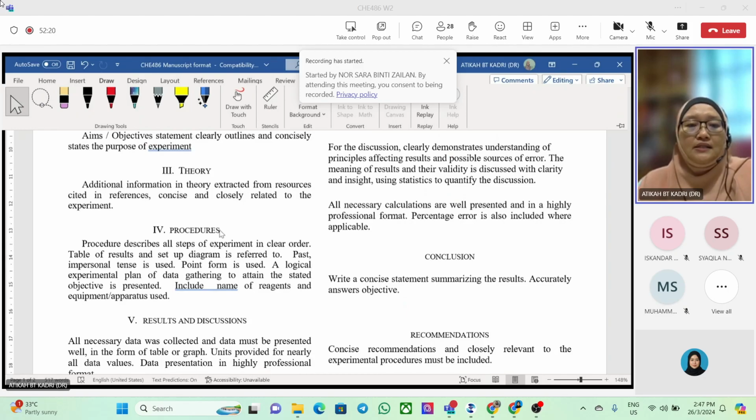All right, and then the next bit is the procedure. So the procedure will basically be extracted from the manual, because this is a closed-ended lab. You're being supplied with a manual, so you're going to describe the experiment in terms of the manual.